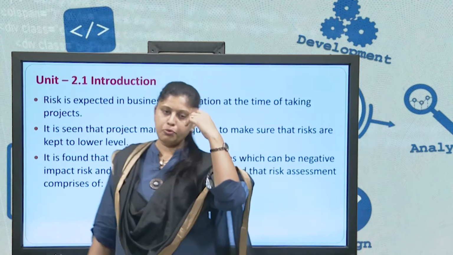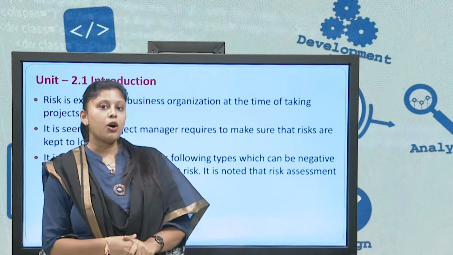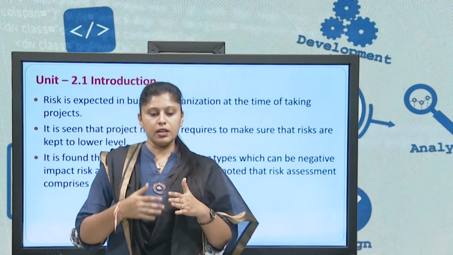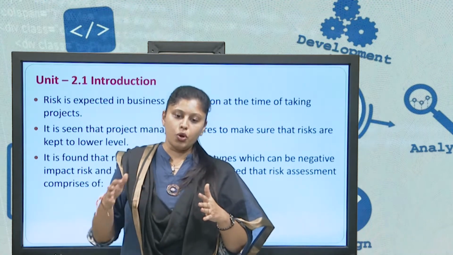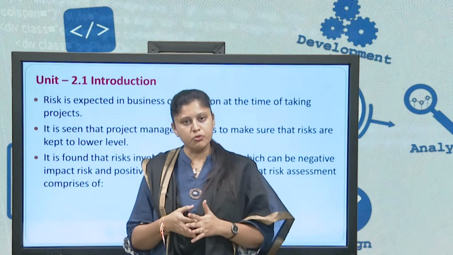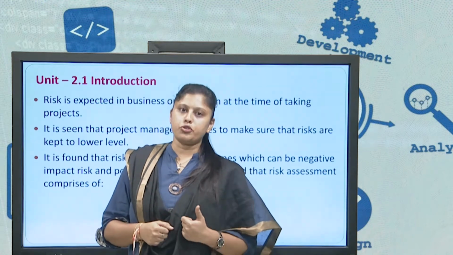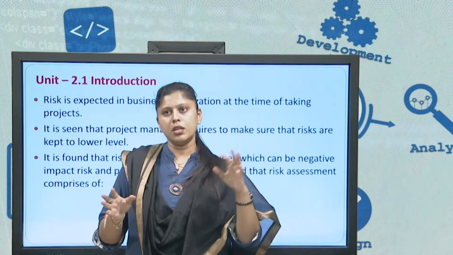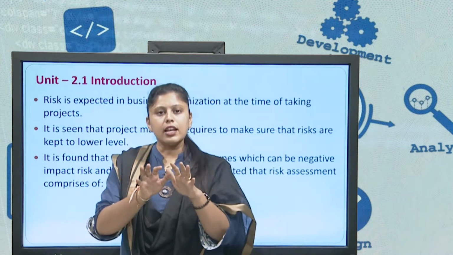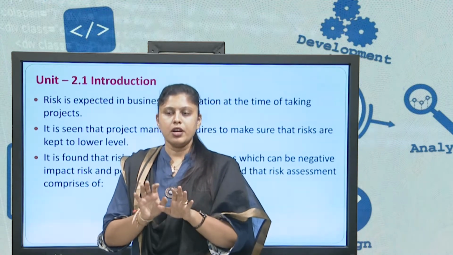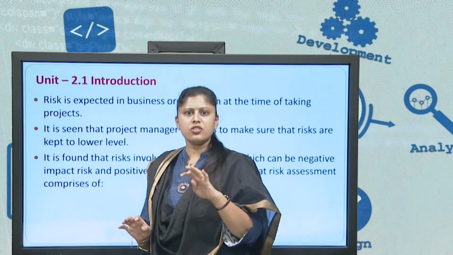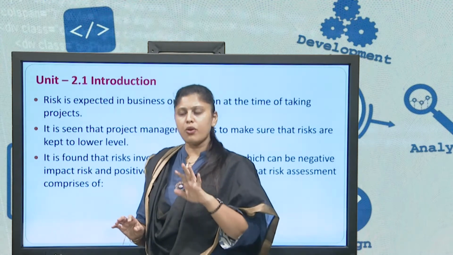In the previous session we talked about the levels of risk, whether it is going to be a low risk, a medium risk, or a high risk. When you are taking up some project, the risk level should always be low. So, keep your risk as low as possible.